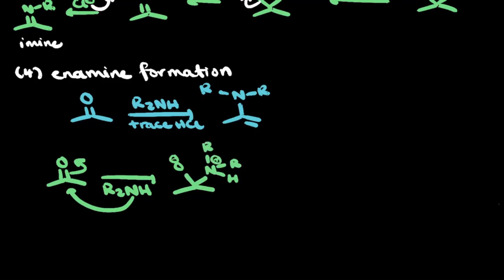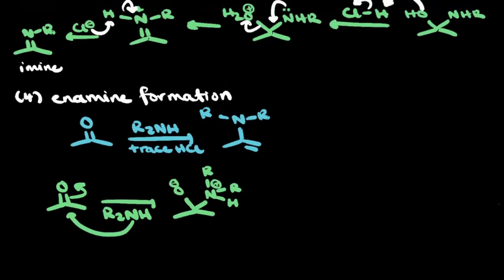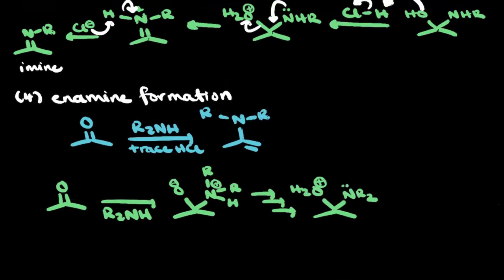Ends up with this zwitterionic intermediate, and then essentially you will do the exact same thing for everything until you end up at this point of the mechanism. Right, so here you would go, and then similar to what we did above, we would go and then kick off our water.